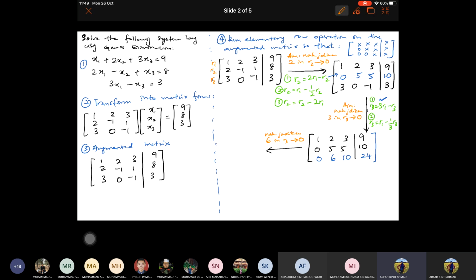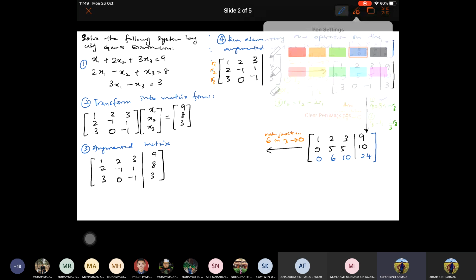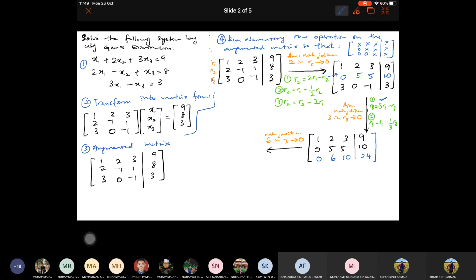Tapi row 2 tu 5, row 3 tu 6. So apa possible solution that you may take for that one? So what will be the possible solution? R3 akan sama dengan apa? First, second, third.